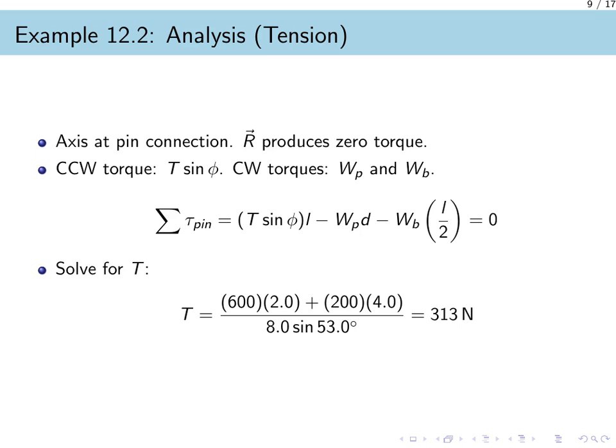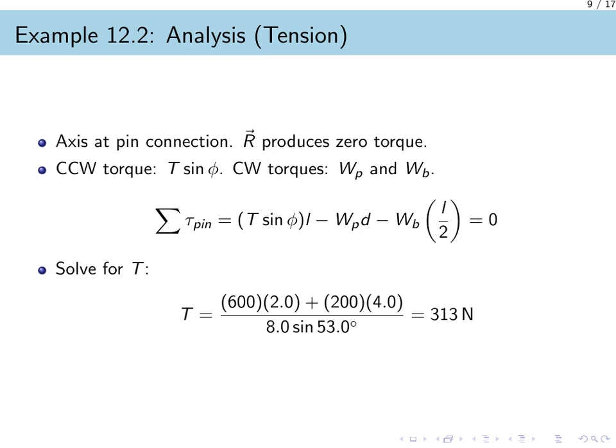We will choose the pin connection at the wall as our axis. This is a strategic choice, because the reaction force from the wall, R, acts at this point. Since the lever arm for R is 0, it produces no torque, and this unknown force conveniently disappears from our torque equation.